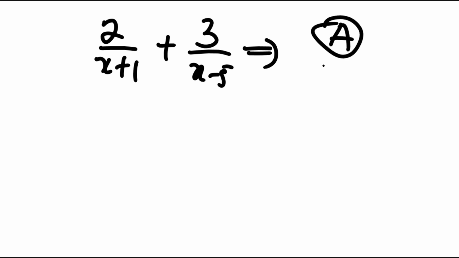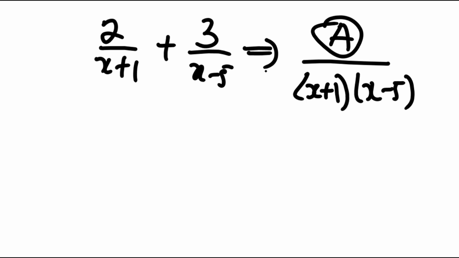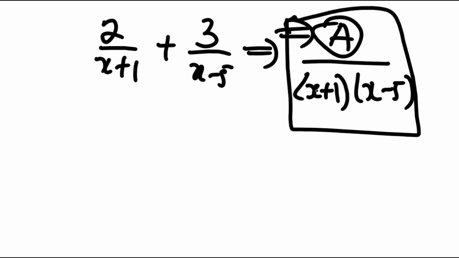Some answer, so we will have a finite numerator over maybe the denominators x plus 1 multiplying x minus 5. Then when we do the cross multiplication and everything, we have something at the top over the denominators multiplying each other, right? So for partial fractions, what we are basically doing is that we are moving from an expression like this, an expression of this sort, back to something like this. We are now going to make it partial, right? Basically, allow me to say we are going to partialize it, right?